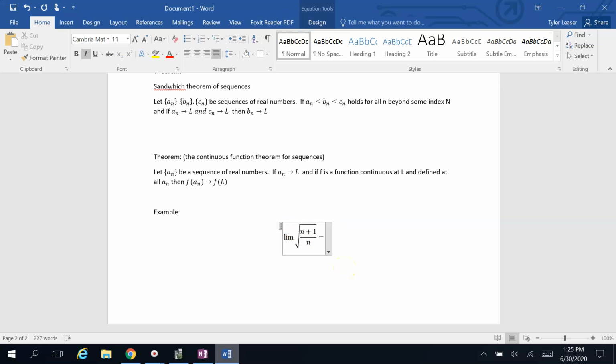So this is just going to converge to the square root of that limit 1, or just 1. All right, so again, just to reiterate that, if you have a sequence of something that you know converges and it's acted on by a function on the outside, then just figure out what the limit of the inside is and then evaluate the outside function on that limit.